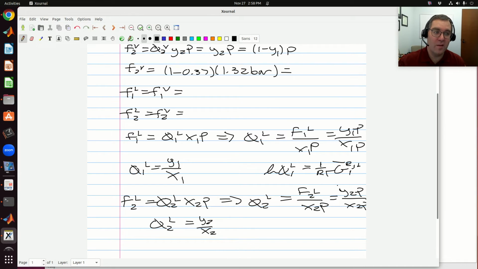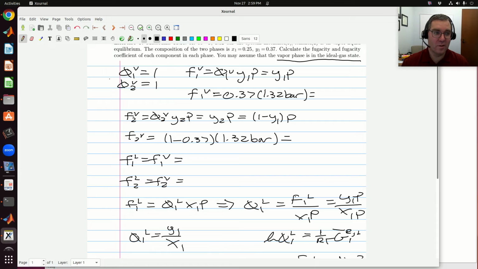In the gas phase, I have an ideal gas, so it's equal to 0. So for my least volatile component, the partial molar residual Gibbs free energy is less in the liquid than it is in the vapor, and the fugacity coefficient is less than that of the vapor. And that least volatile component is going to prefer the liquid phase. Cool how it all comes together.